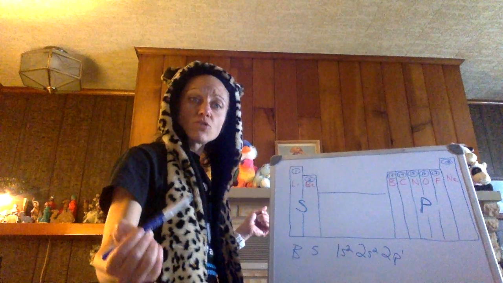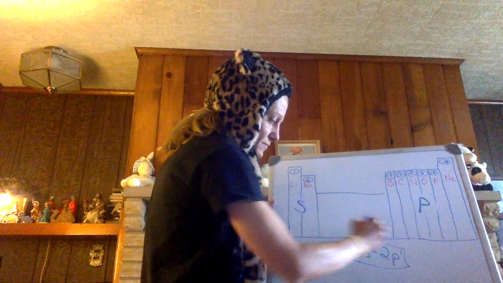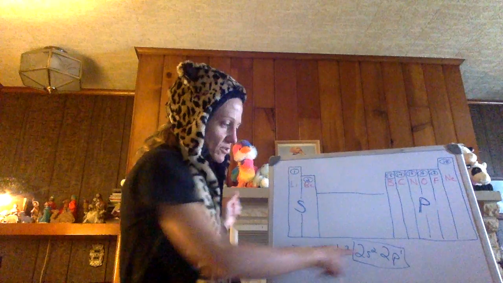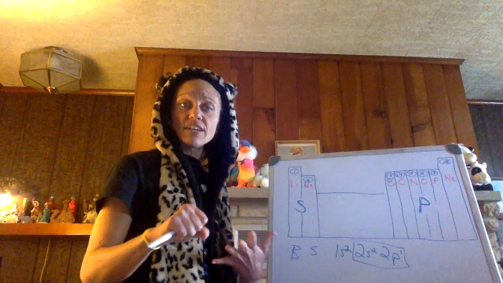I have 3 left. 2s2 lets me have 1 left, and that electron goes in the 2p orbital. Valence electrons are the ones with the biggest number out in front. So those are my valence electrons, and 2 plus 1 is 3. That's where I'm counting valence electrons.